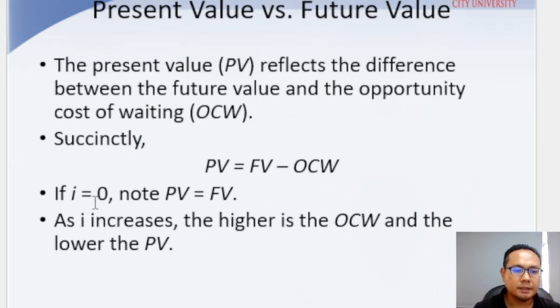If i equals 0, then PV equals FV, which means there is no growth. As i increases, the higher the OCW and the lower the present value.